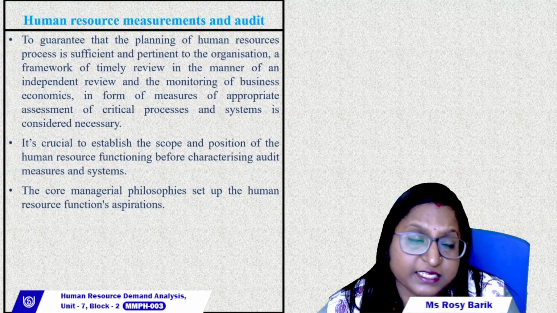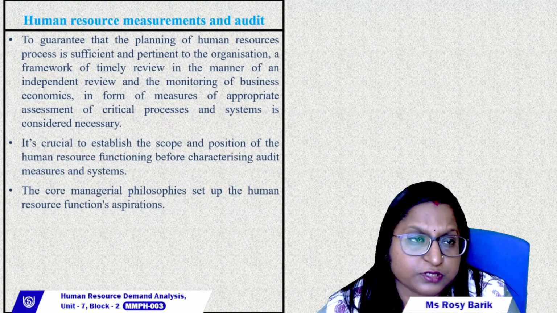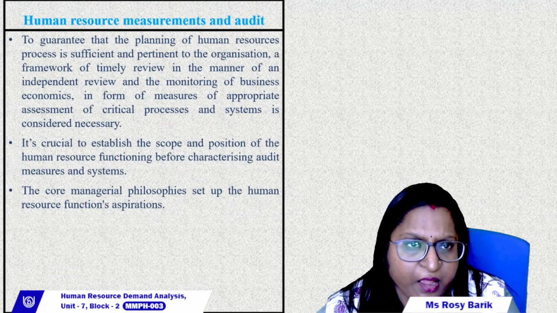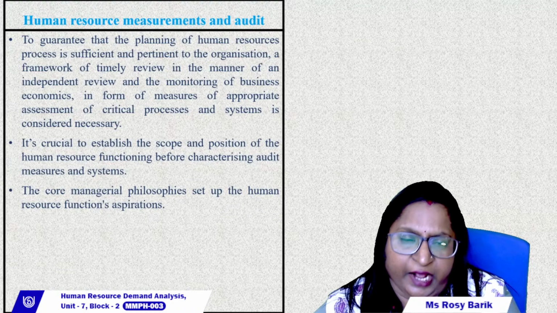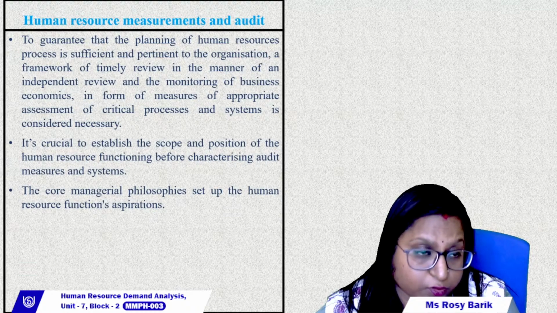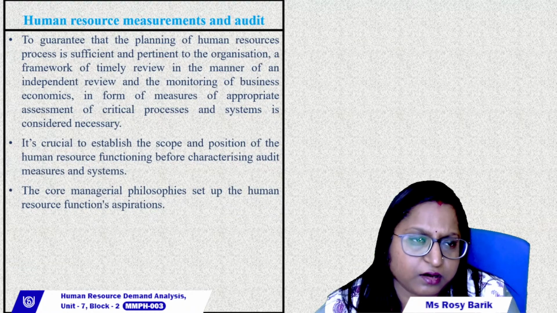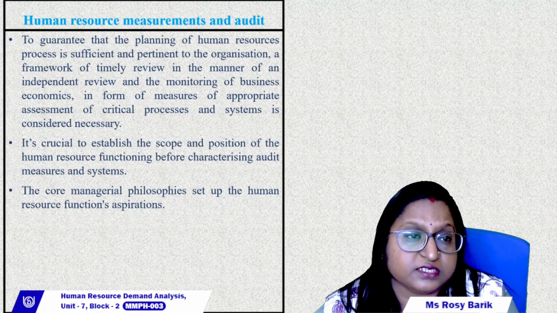That's why it says that to guarantee that planning of human resource processes is sufficient and pertinent to the organization, a framework of timely independent review and monitoring of business economics in the form of measures of appropriate assessment of the critical process systems is considered necessary.